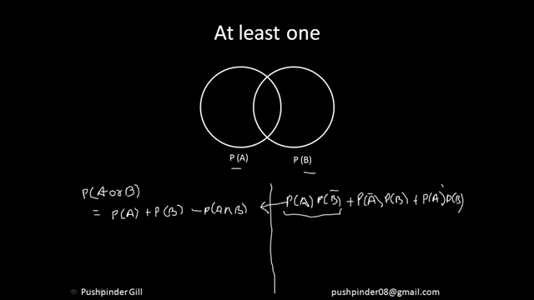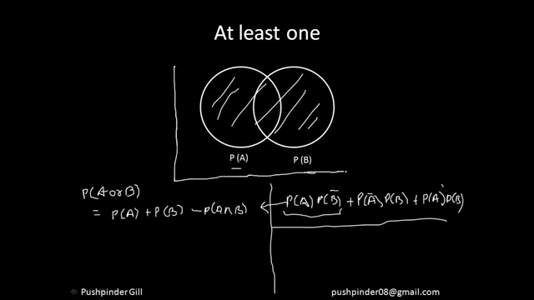Now let me tell you one smart way of calculating at least one. So what does at least one mean? At least one means this whole area, right? This whole area is at least one. And this is one complete universe. What if I calculate the probability of either of the events not happening, that both of them do not happen?